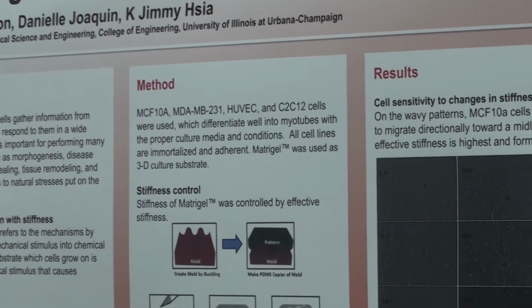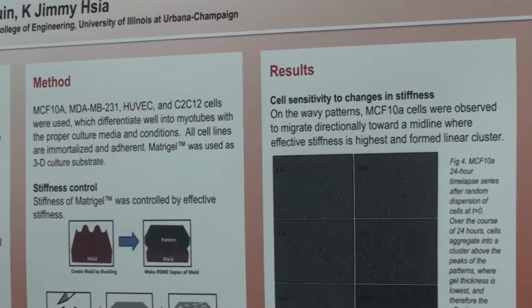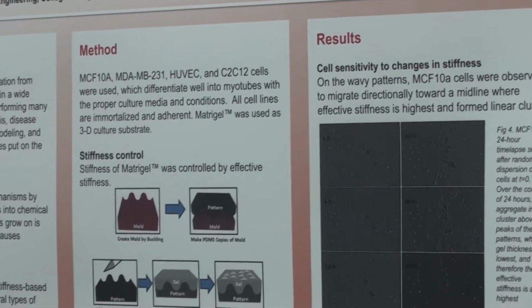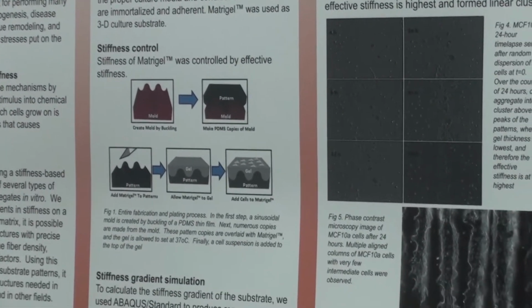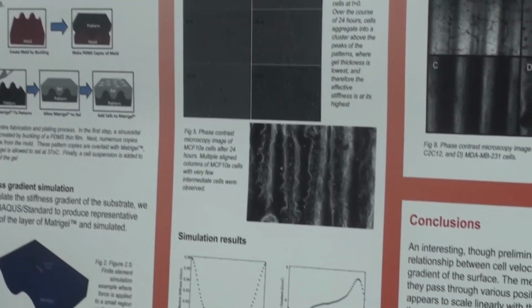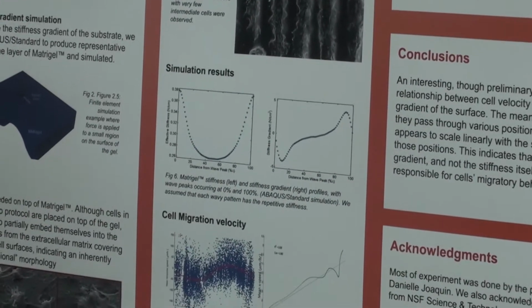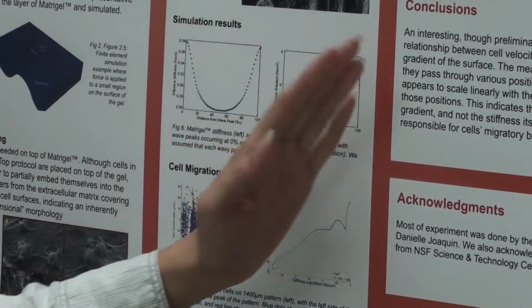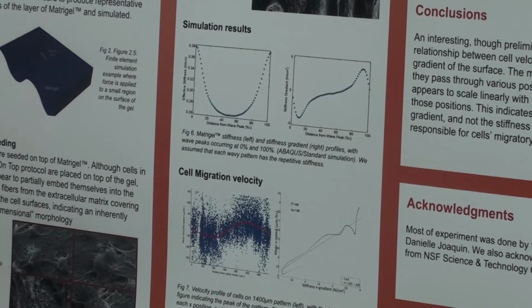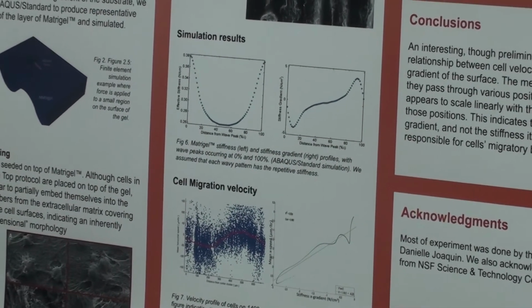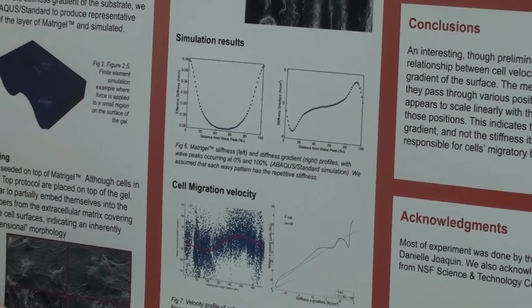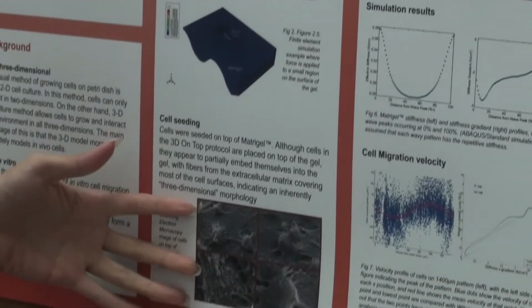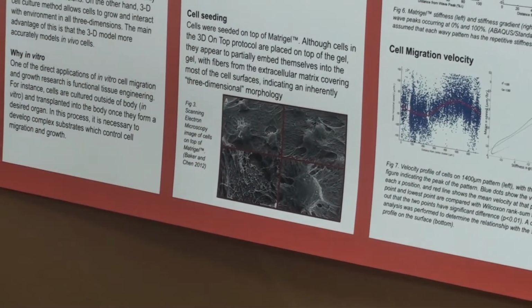We did a finite element simulation to analyze the stiffness gradients, and seeded the cells on top of the gel. An image of this can be seen here with an SEM image.